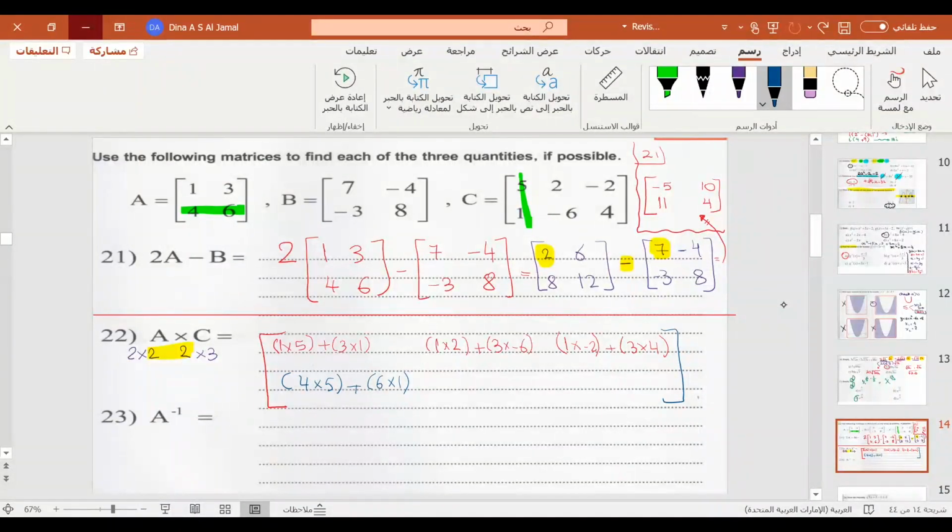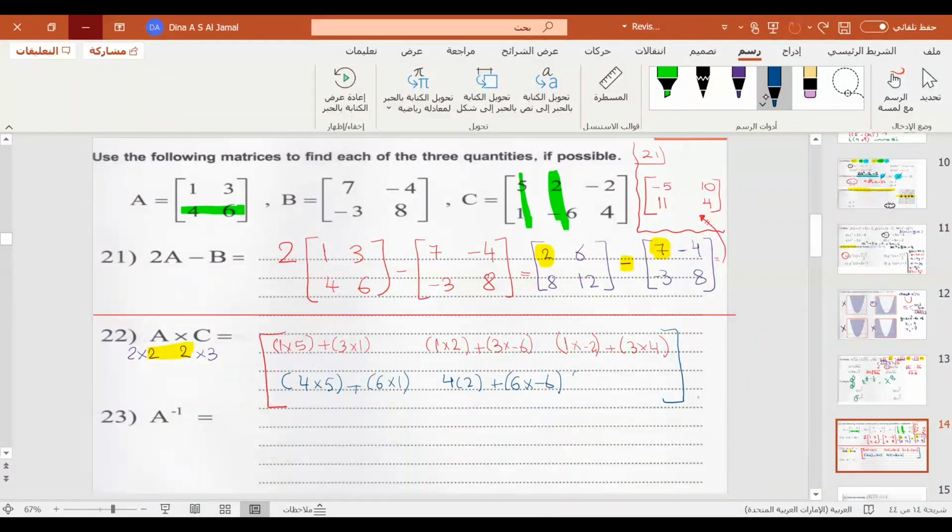Please pay attention. Then let's go to the other one. 4 by 2 plus 6 by minus 6.